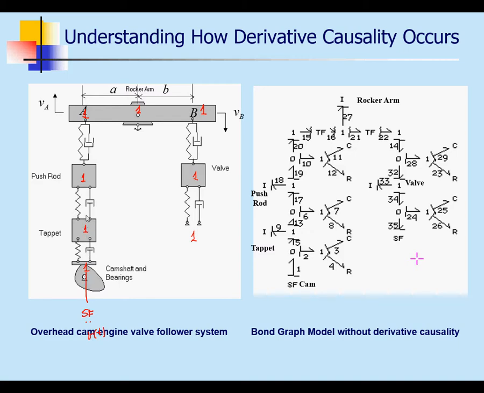And then you have the mass over here, which would be an I element. You have the other I element over here like this. And on this one, you have an I element with value J, which would be the moment of inertia of the beam. And in here, you have also an I element like this. And of course, the SF over here.